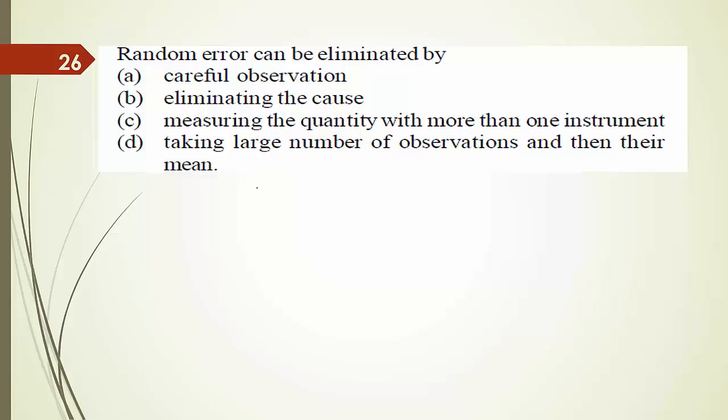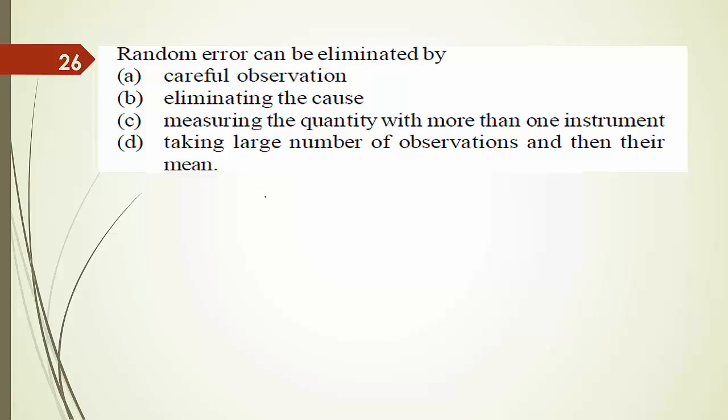Random error is due to unknown causes. We don't know the actual reason behind random error. If you don't know the reason, then careful observation and eliminating the causes are not the right options, because we don't know the reason behind the error.